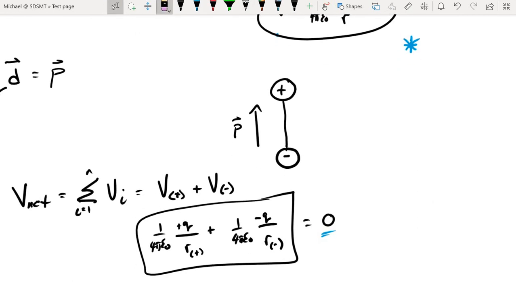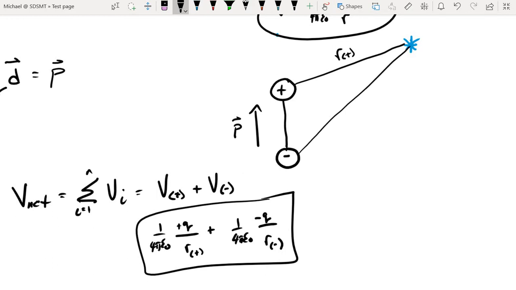Now, down here, the summation expression that we have is actually still valid. All I need to know is how much charge each individual particle has and how far away each particle is from the point in space where I'm trying to measure. So here we have the distance that the positive charge is from our point out in space.